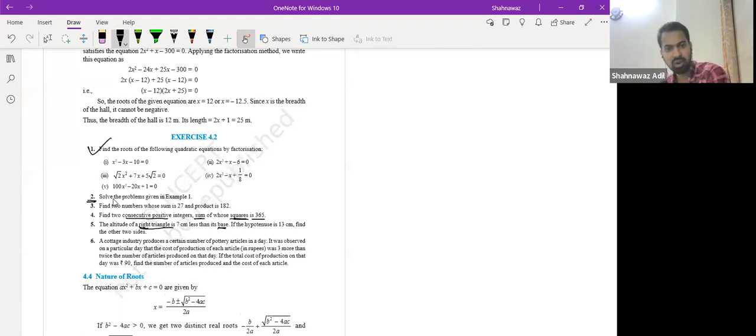In example 1, they just represented those situations, but in this second question, they are telling us to solve those equations.